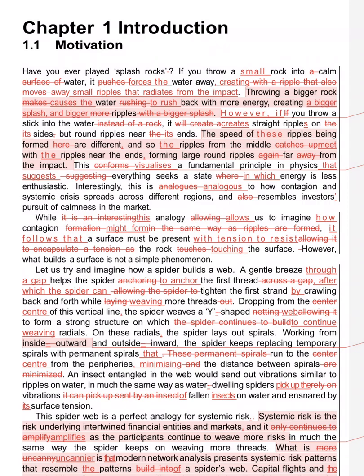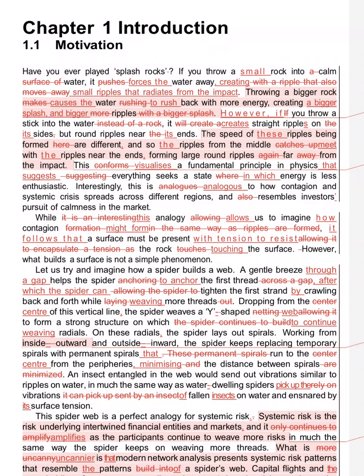What did I write? The ripples from the middle catches with ripples near the ends. Wrong. So don't forget about your articles. The ripples from the middle meet with the ripples near the ends. Beautiful. Not catch up. Meet with.